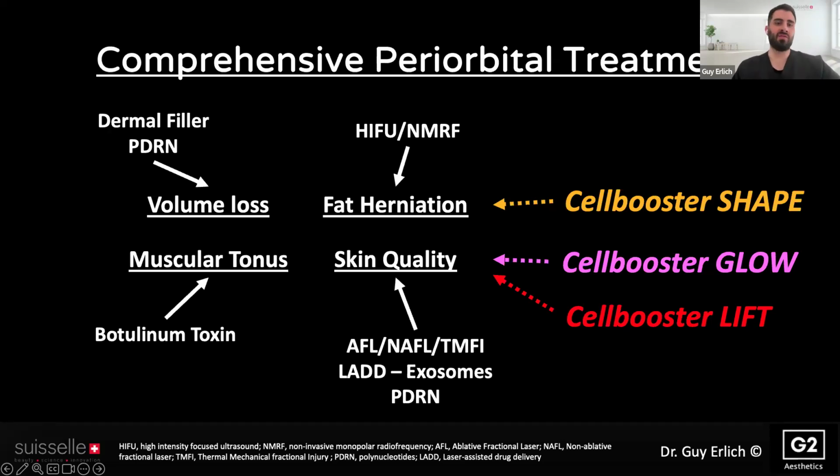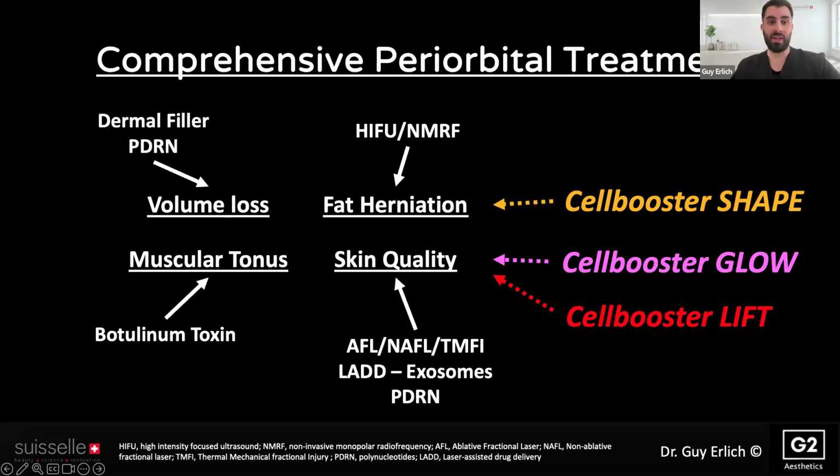But what is common to the different strategies is that I always incorporate cell booster. So if I'm targeting volume loss, yes, I will go through the dermal filler or the PDRN, polynucleotides. If I see fat herniation, I will choose HIFU or monopolar RF. If I see a problem in skin quality, I will choose ablative laser, non-ablative laser, semi-ablative laser, thermal mechanical fractional injury. I will incorporate laser-assisted drug delivery with exosomes.